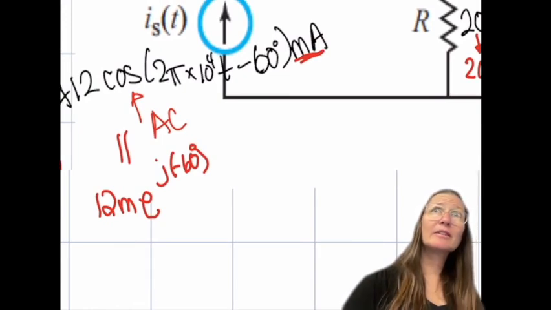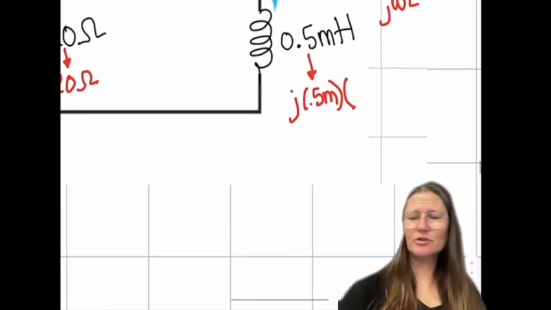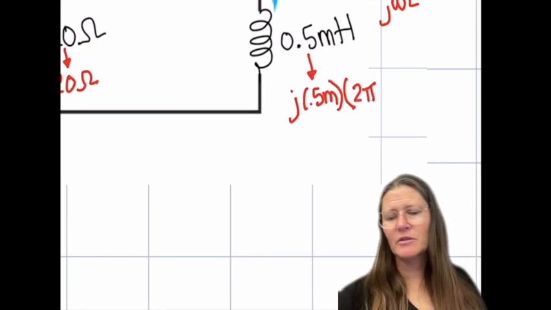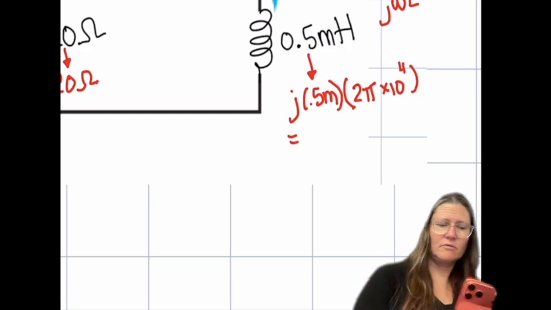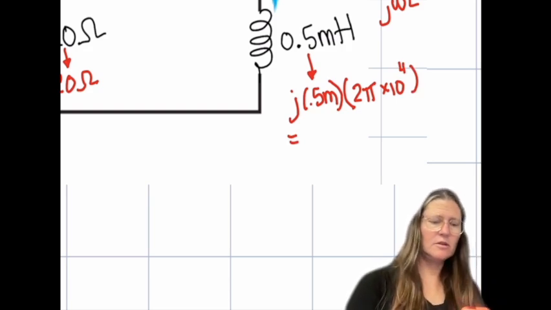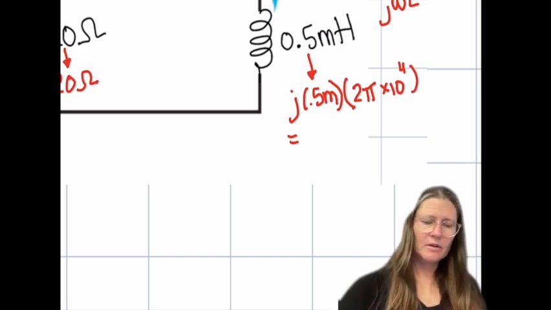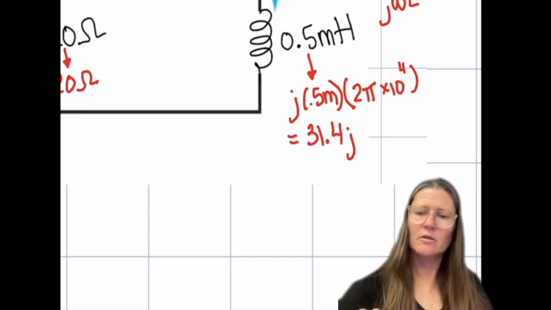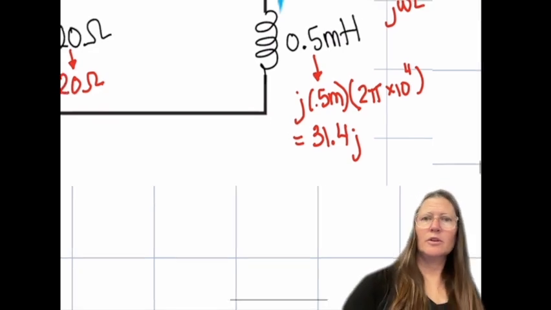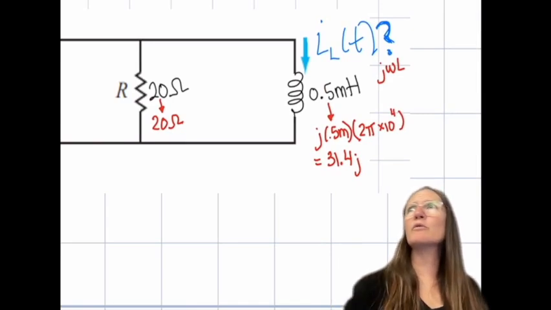Correct. 2 pi times 10 to the 4th. And now this is just an actual value, and it becomes 31.4j. So now we treat it like it's a resistor with the value of 31.4j.